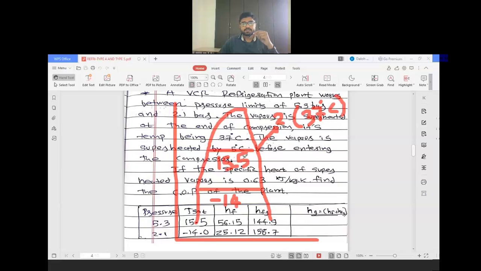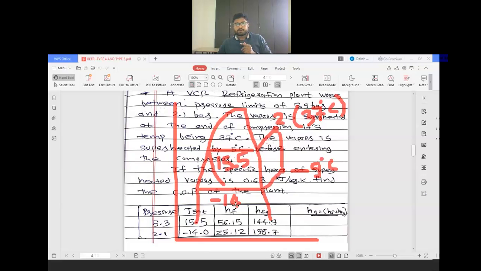Clear? And also here it is written that the vapor is superheated by 5 degree. So minus 14 plus 5, what would be the value? Minus 9 degree centigrade. Clear? So this is the diagram. I hope you have understood this. So 4 temperatures are already given.